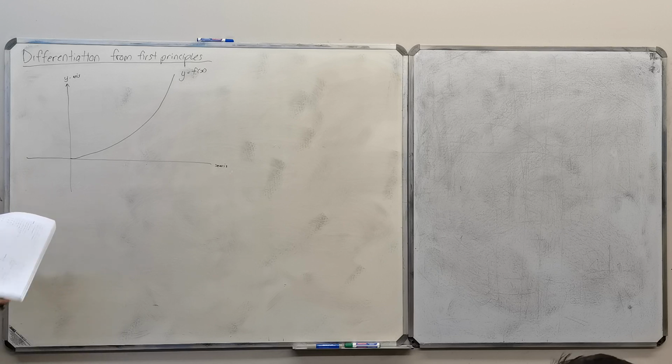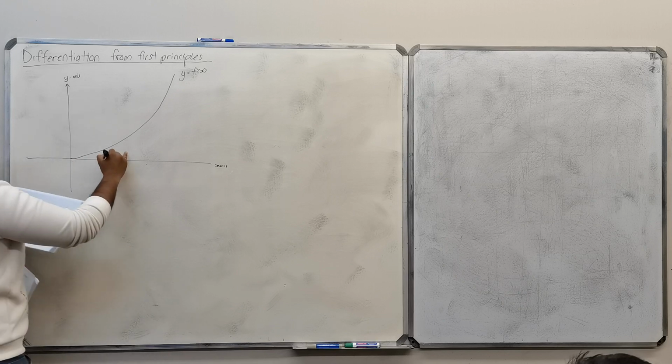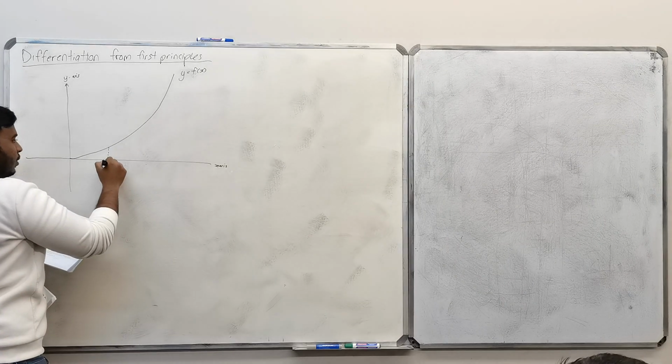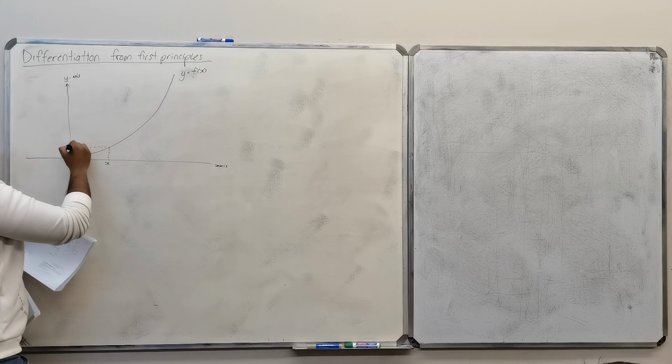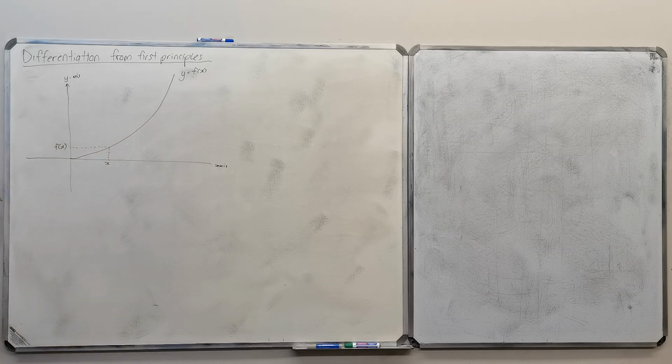Okay? So they tell you that A with coordinates x and y has one value here. So this is your x coordinate. The corresponding y value would be f of x. Right? You're okay with that? Okay. Then they tell you A is a point on the curve y is equal to f of x. B has been obtained with a small value of delta x being added to x.